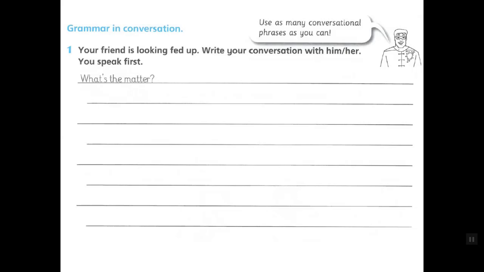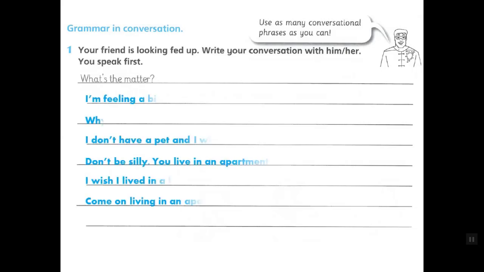I'm going to give you an example. So you say, what's the matter? He says, I'm feeling a bit fed up. Why? I don't have a pet, and I wish I had a pet. Don't be silly. You live in an apartment. You can't have a pet. I wish I lived in a big house. Come on, living in an apartment is okay.